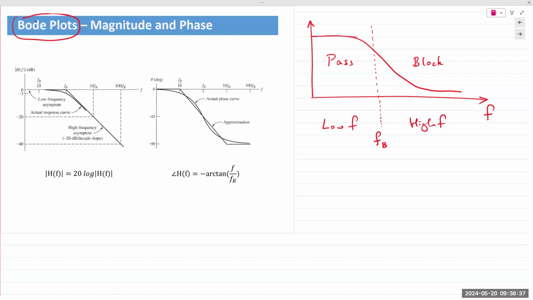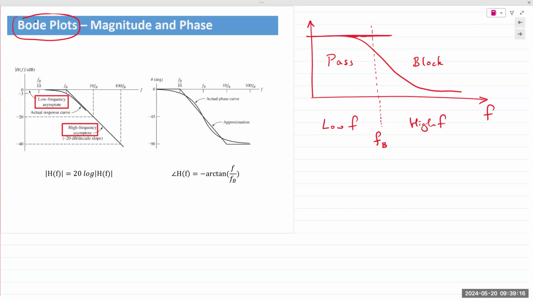So the asymptote that describes the low frequencies is known as the low frequency asymptote, which is what we see here, right? And the high frequencies are described by the high frequency asymptote. Sorry, for a low pass filter, the low frequency asymptote is a straight flat line.